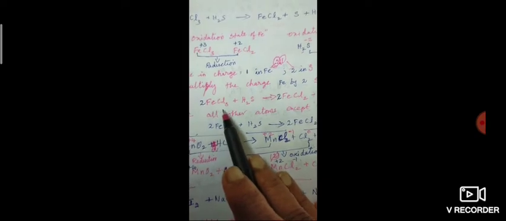Now we have to check the number of atoms. Here 2 Fe, here 2 Fe. Here 6 Cl, 3 into 2, but here only 4 Cl is there. To balance the chlorine, we have to add 2 here.